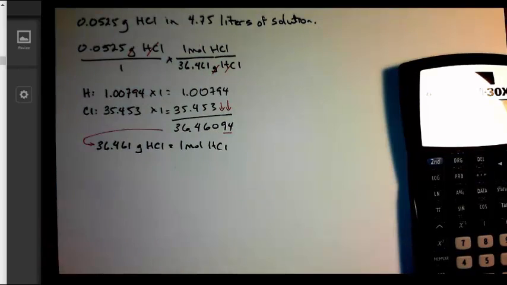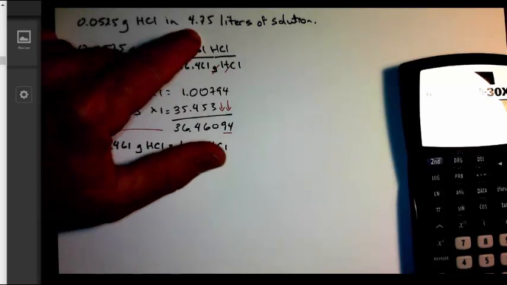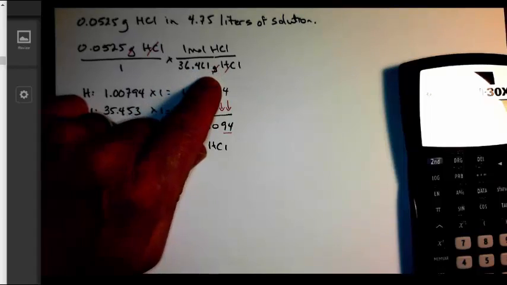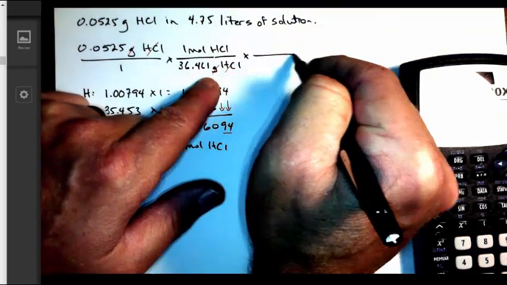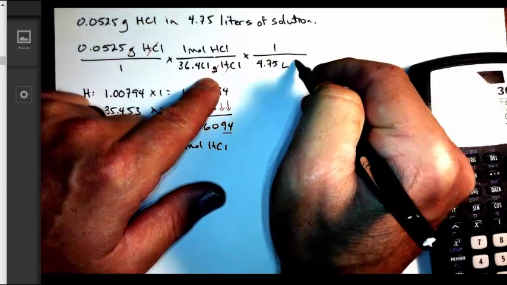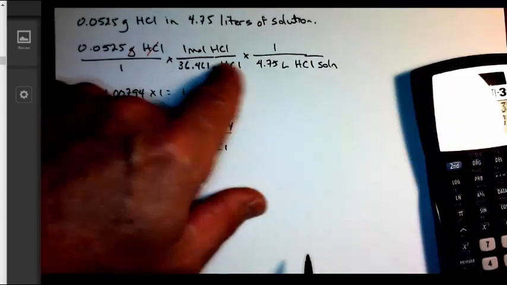Now, I have 4.75 liters, and molar concentration is moles over liters. So all I have to do is put this over liters. I can take 1 over 4.75 liters of this HCl solution, and when I get done I'll have moles over liters. That's molar concentration.